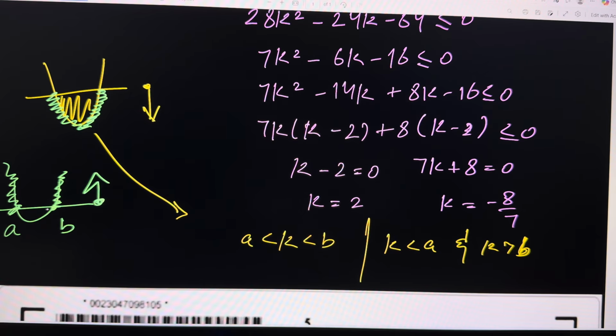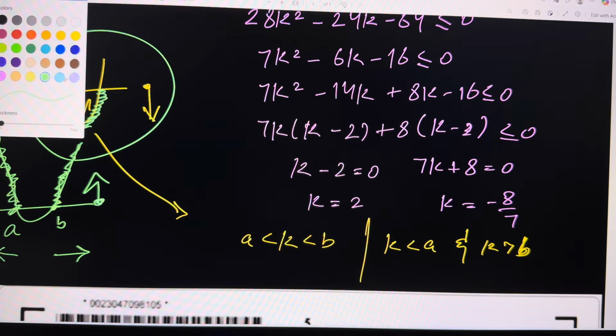So it's k less than a, because when a graph turns out, it goes there and there. If you look here, this goes on and on. So k is less than a, and k is greater than b, then it will go out there, because y is going up and then it diverges out.